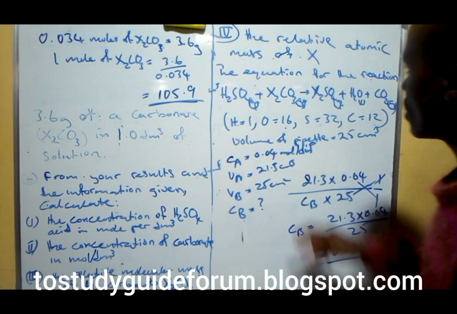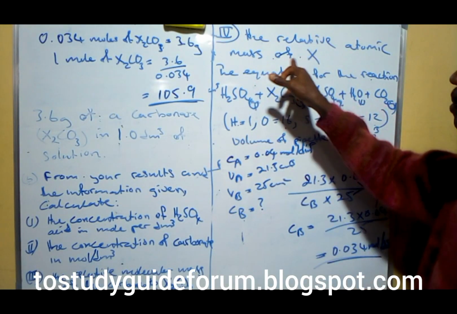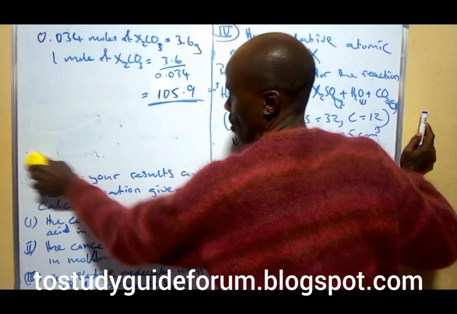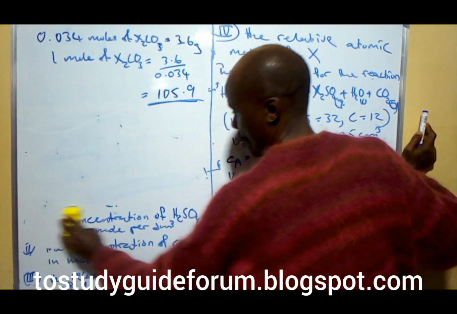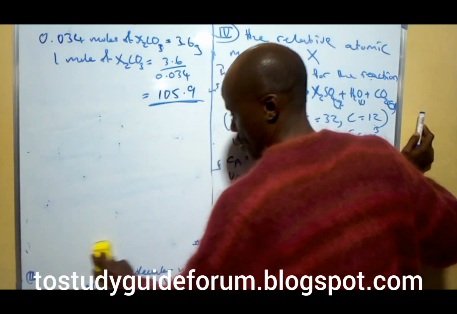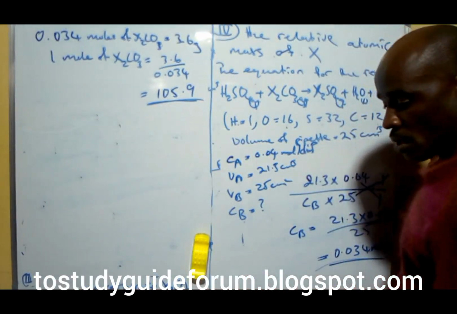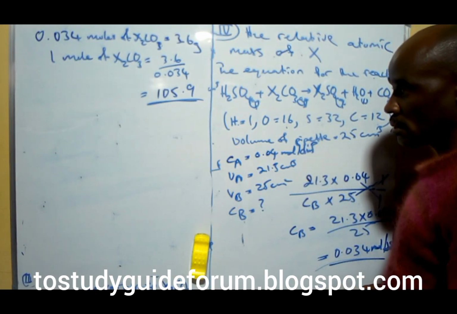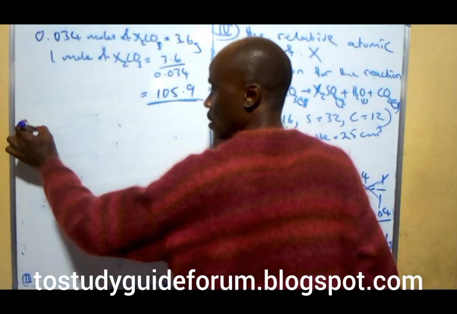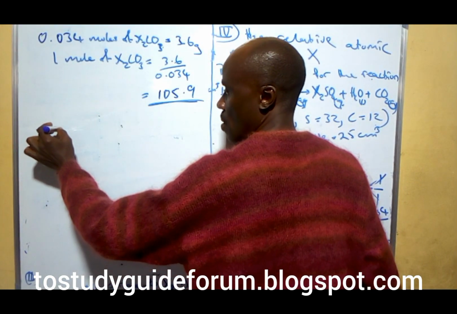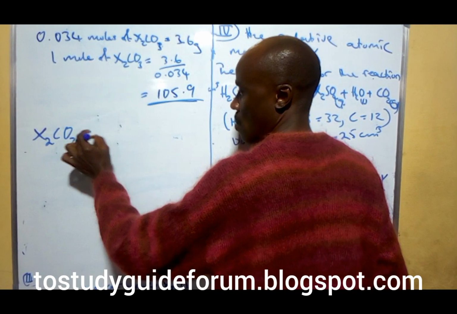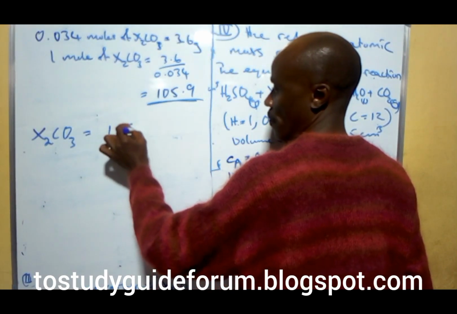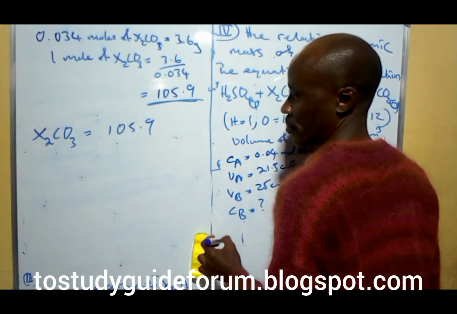Then the next question says to calculate the relative atomic mass of X. To calculate the relative atomic mass of X, we know that the molar mass is equal to 105.9.